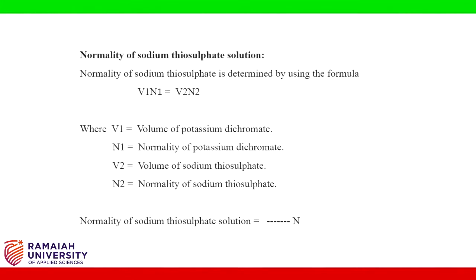Using this, normality of sodium thiosulphate is determined by using the formula V1N1 = V2N2, where V1 is the volume of potassium dichromate and N1 is the normality of potassium dichromate, V2 is the volume of sodium thiosulphate and N2 is the normality of sodium thiosulphate. From this, normality of sodium thiosulphate solution is determined.